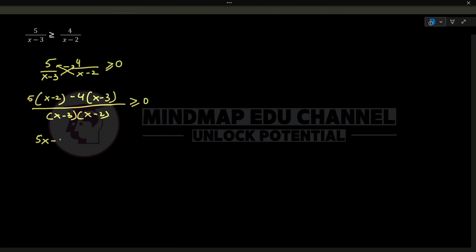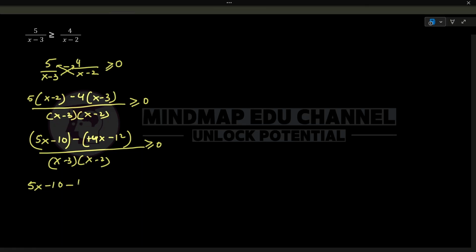Now 5x minus 5 twos are 10, bracket; 4x minus 4 threes are 12, over (x minus 3)(x minus 2) greater than or equal to 0. Now open the bracket: 5x minus 10 minus 4x plus 12 over (x minus 3)(x minus 2) greater than or equal to 0.